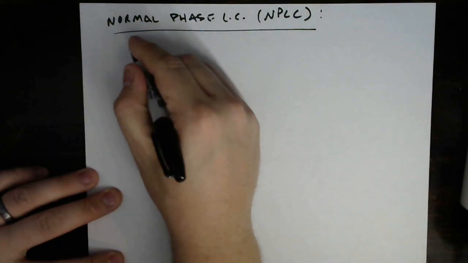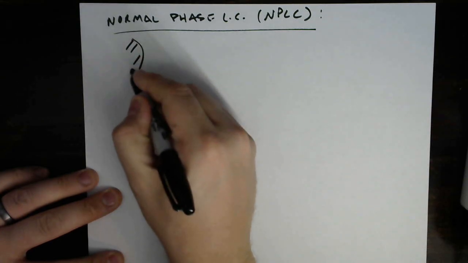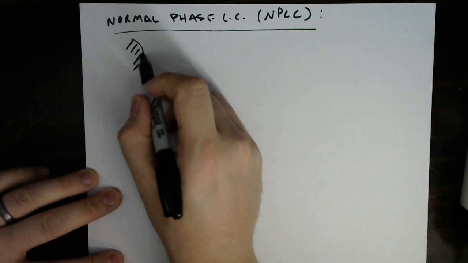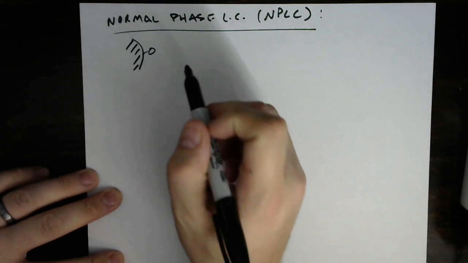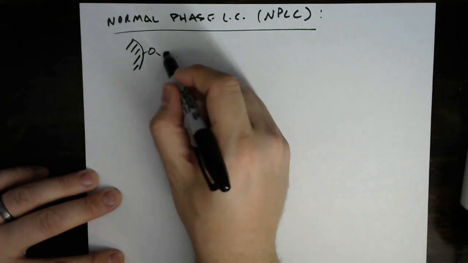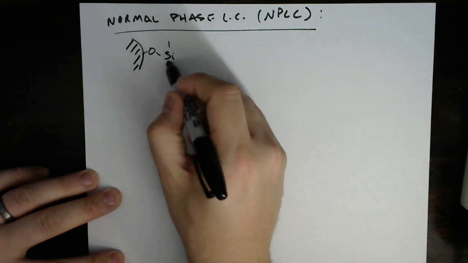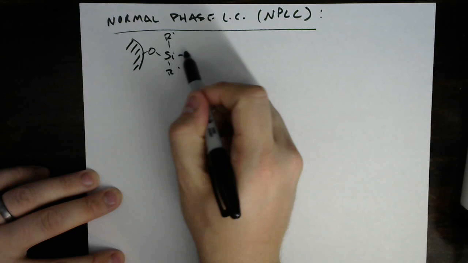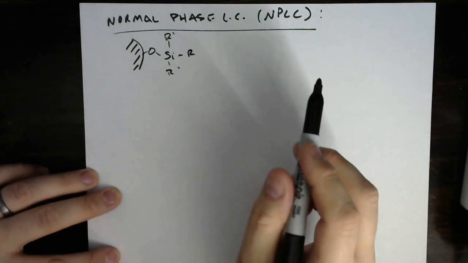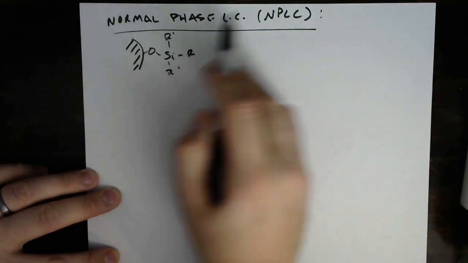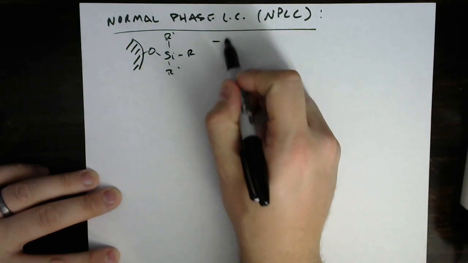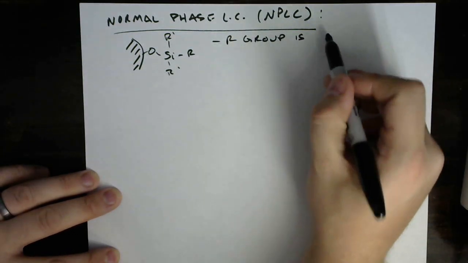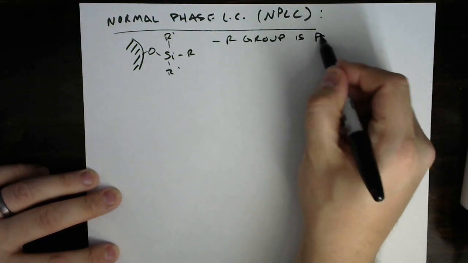So here is our solid support particle. There are silanols here, so let's assume this is silica. And we have clicked onto this some chlorosilane. So here's R primes, and here's an R. The idea behind normal phase liquid chromatography is that the R group is relatively polar.